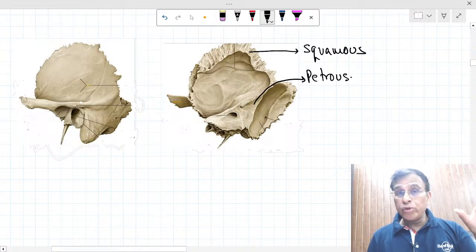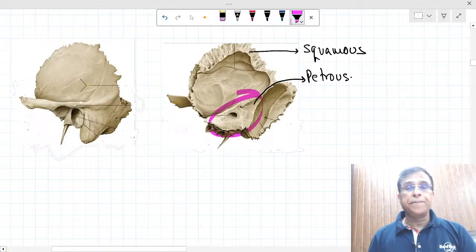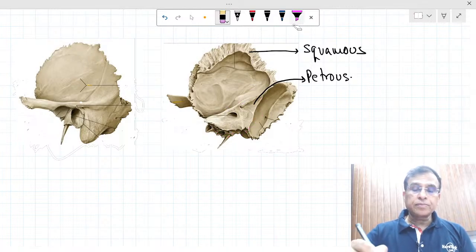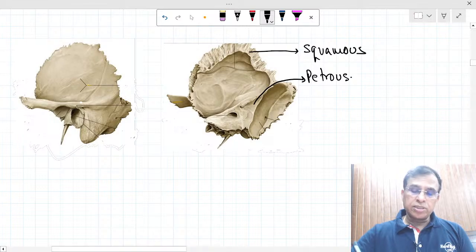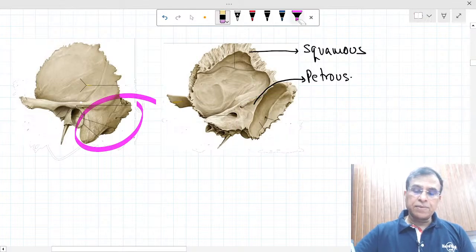So the whole bony ear lies inside this particular bone, and that's why this is the most important bone of the temporal bone. Then this last bone, this one, is the mastoid bone.